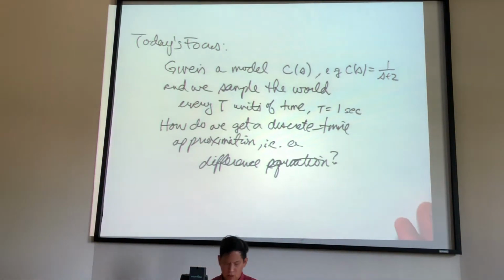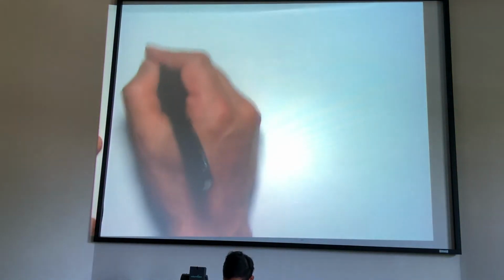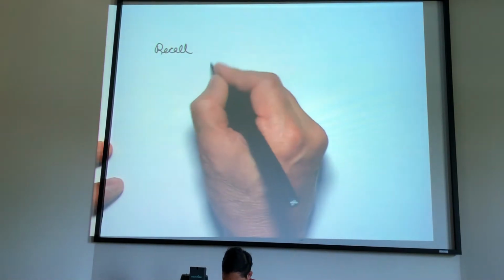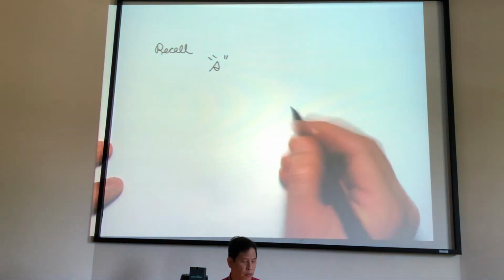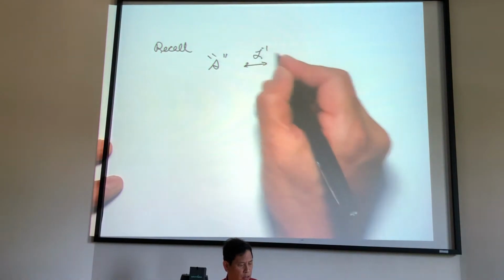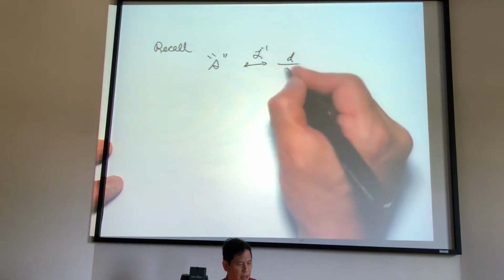Okay, so let's recall what S means. If I do an inverse Laplace transform, S is d by dt of something.